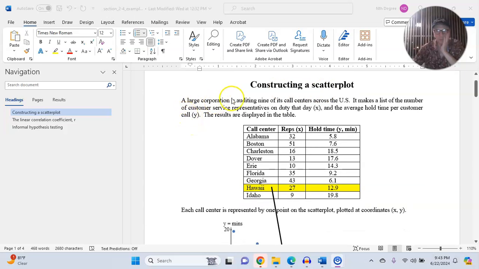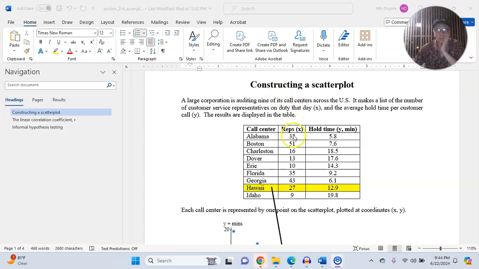A large corporation is auditing 9 of its call centers across the U.S. It makes a list of the number of customer service representatives on duty that day, which we'll call X, and the average hold time per customer call, which we will call Y. The results are displayed in the table. In this column, we have a list of all the call centers.